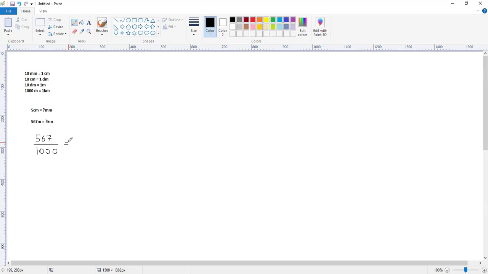And then I'll get 0.567. Okay, I think you meant it would move three spaces to the left, isn't it? Yeah. All right. So yes, you're right about that. So it's going to be 0.567. Okay, that's fine. I just wanted to be sure that you were good with it.